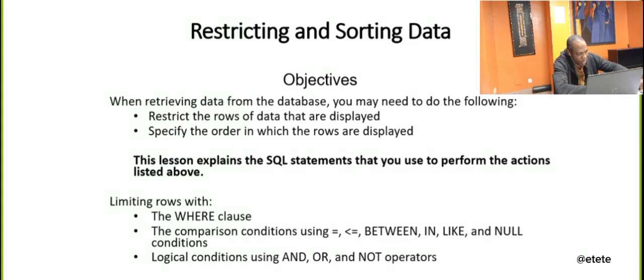And I made an example of the projection where you can select as many columns as possible from a table. Instead of just saying select star, you can say select first name, comma, last name, comma, from employees. That is projection. But when it returns the value, it's going to return all the rows, right?